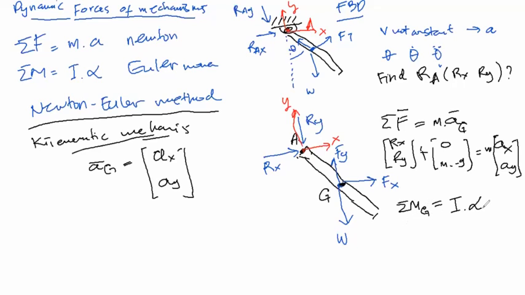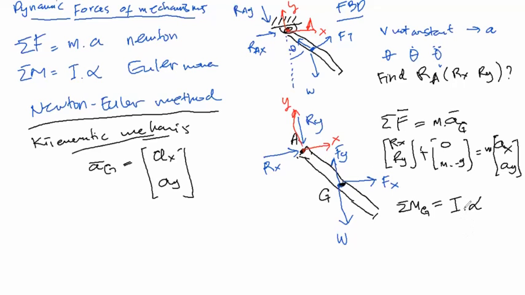So what is alpha here? Alpha here is the rotation of this rigid body. I believe you still remember that because this is exactly at point G, we don't have Fx and Fy to be included in the equations.